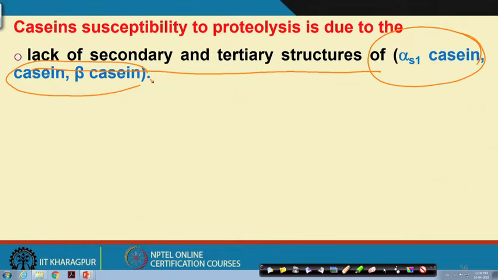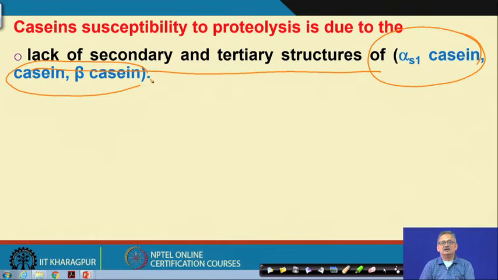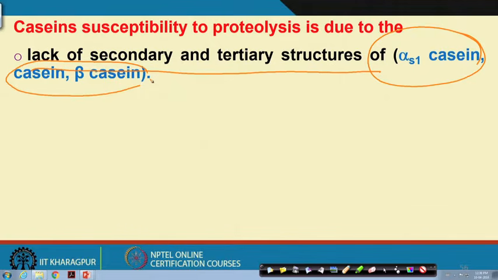So, that is one of the reasons why casein is susceptible to proteolysis, that is, breakdown of protein.